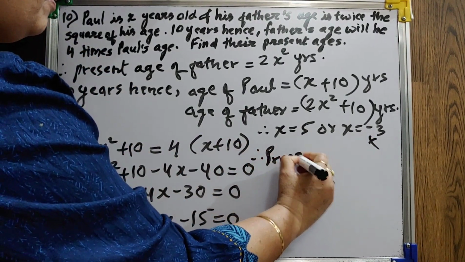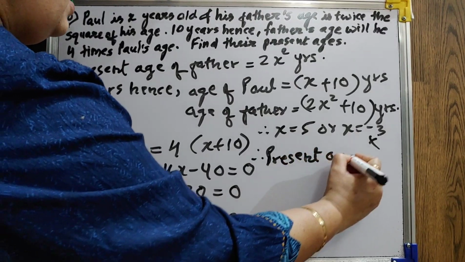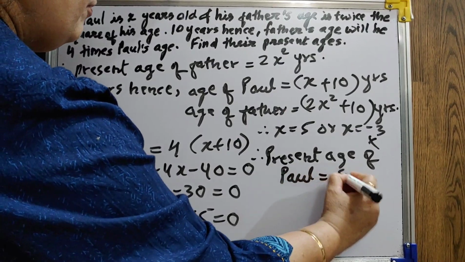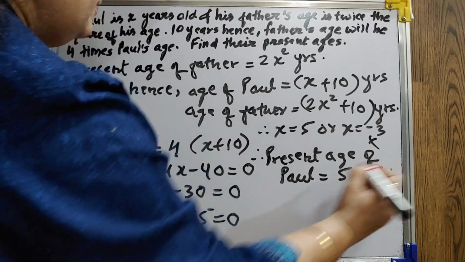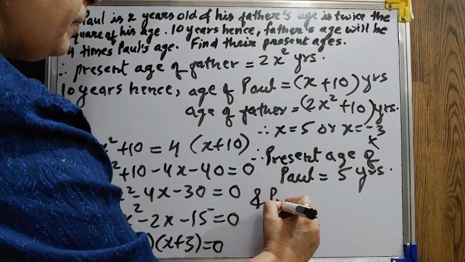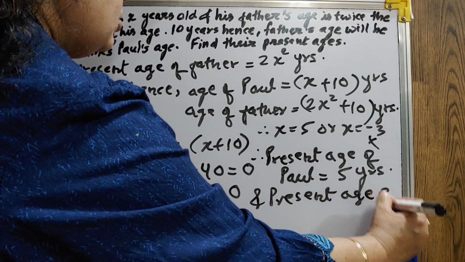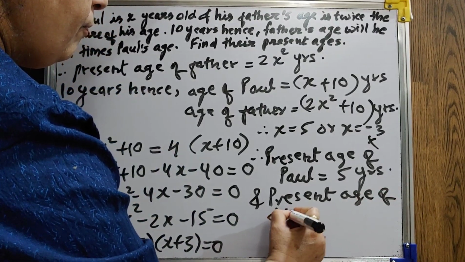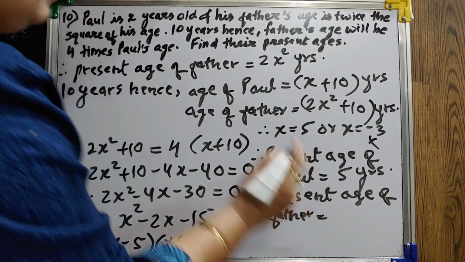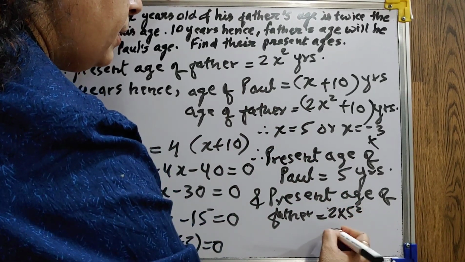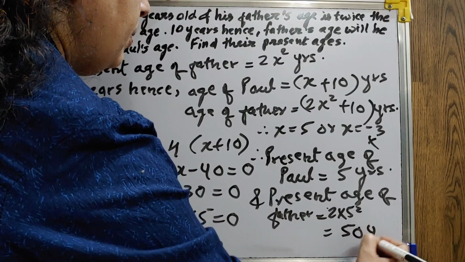Therefore, present age of Paul will be 5 years and present age of father, that is 2x square, 2 into 5 square, will be 50 years.